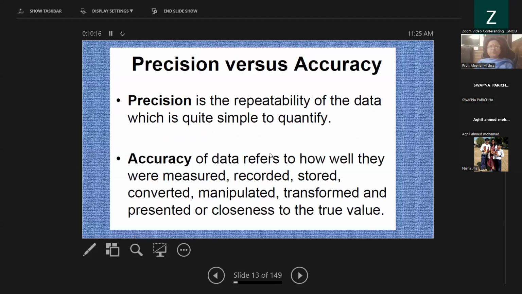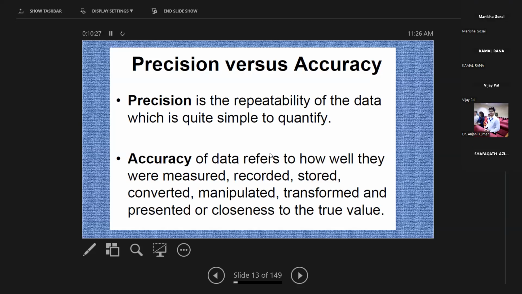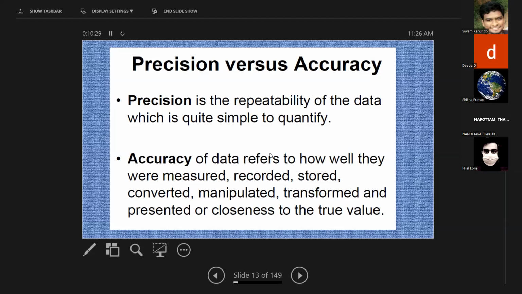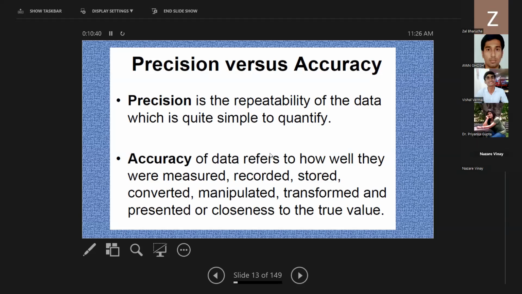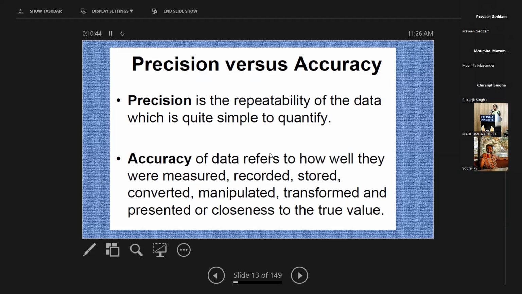Now there are again two terms, precision and accuracy. In your day-to-day life, you must have heard these two terms, and often they are used interchangeably, because many times instead of accuracy you say precision and vice versa. These two terms are used wherever data is concerned.